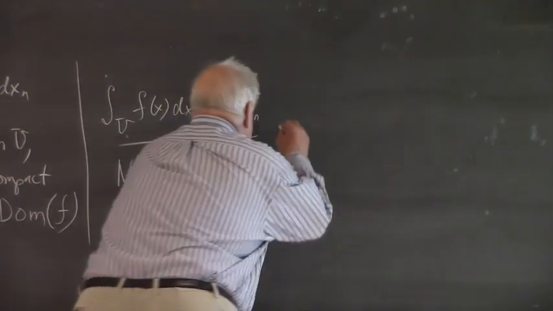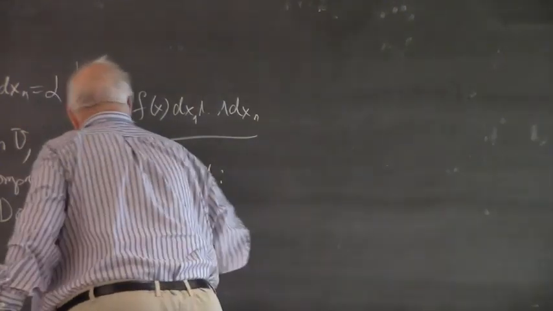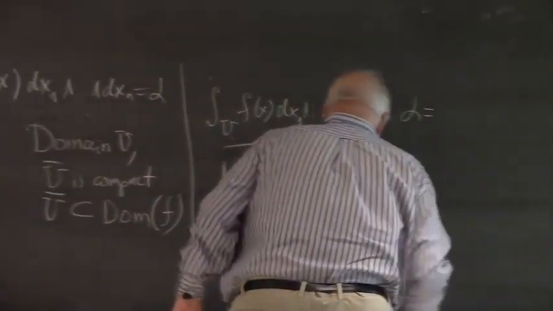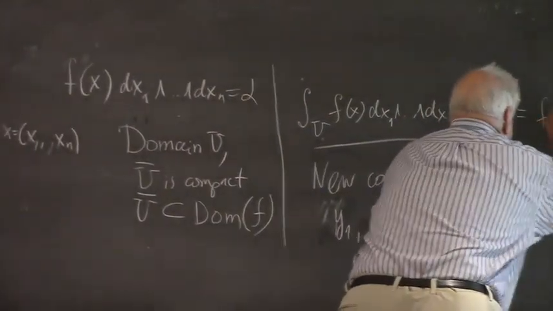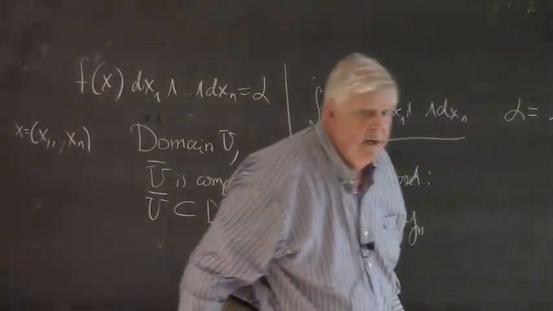We can write this form, let it be alpha, this form alpha, which is f. F can be written as a function of y's, it is not a big deal.